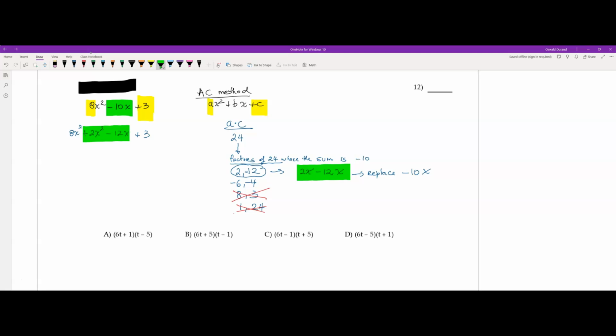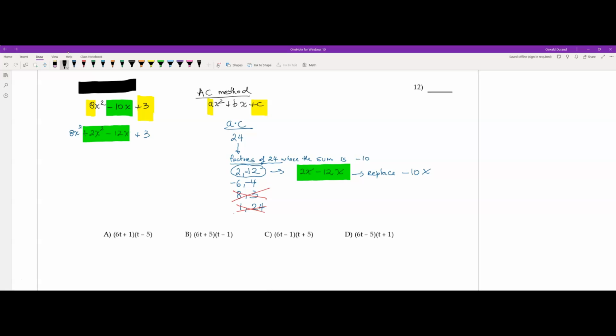Let's move on now. So now you can see that we have 4 terms, right? So what do we have to do? We have to factor by grouping, and that's exactly what we're going to do here.